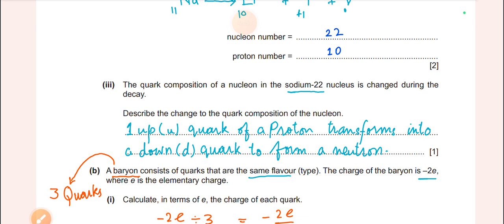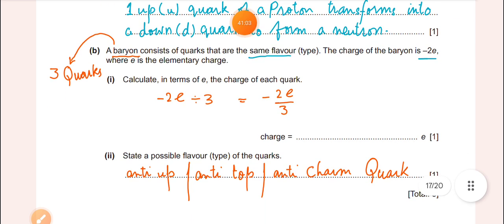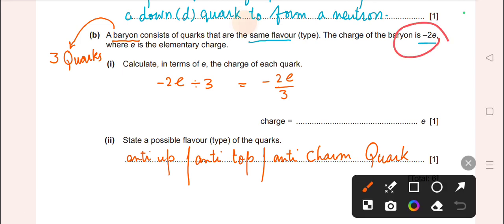Now it says the baryon consists of quarks that are the same flavor. The charge on the baryon is 2 times e. It says to calculate, in terms of e, the charge of each.